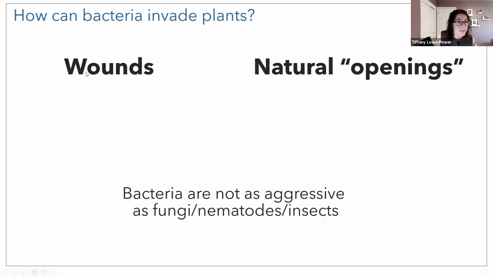The main ways that bacteria get into plants are through wounds in the plants, or through a handful of natural openings in plant anatomy. It's important to note that bacteria are not as aggressive as fungi, nematodes, and insects. Bacteria don't have strategies for brute force entry. They're relying on wounds and natural openings, but these are fairly abundant in a plant growing in the environment.